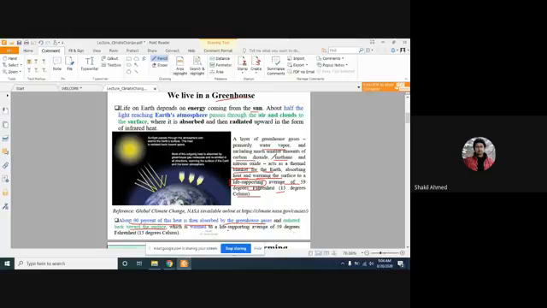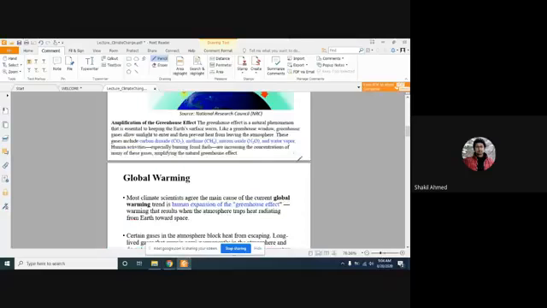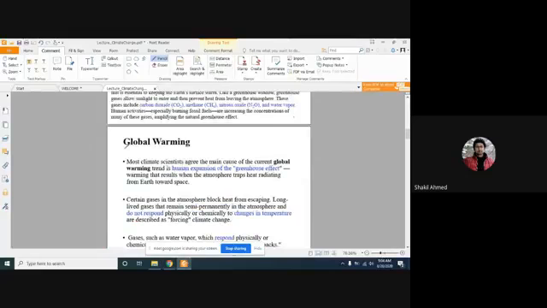So, global warming. Most climate scientists agree the main cause of current global warming is the human expansion of the greenhouse effect.